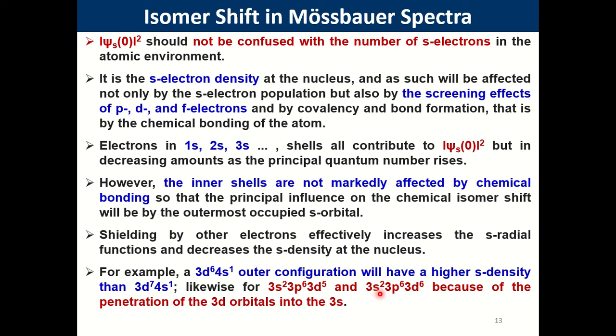As the number of 3d electrons increases from 5 to 6, there will be greater shielding of the 3s electrons, and in the second case, where the number of d electrons increases, the 3s electron density contribution at the nucleus will decrease, because 3d orbitals are also able to penetrate the 3s wave functions. Because of that interaction, 3s electrons will be shielded.